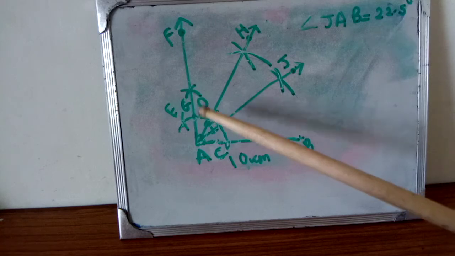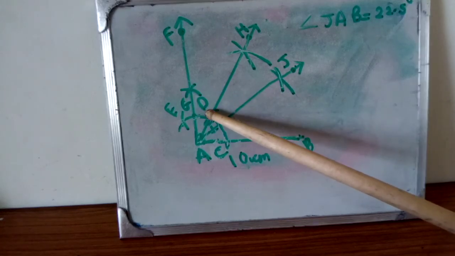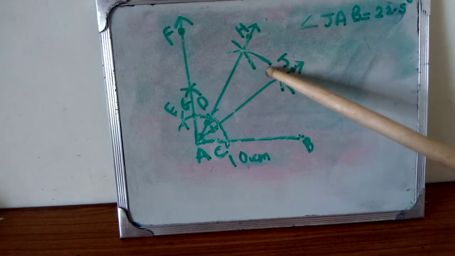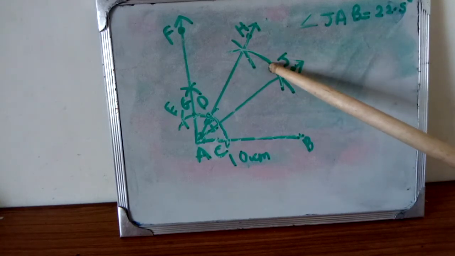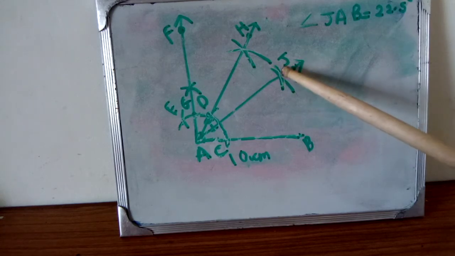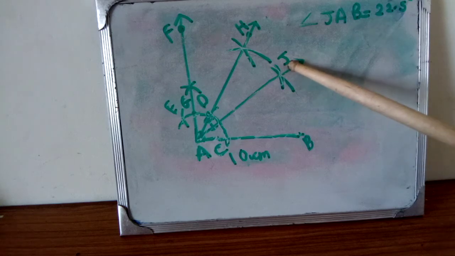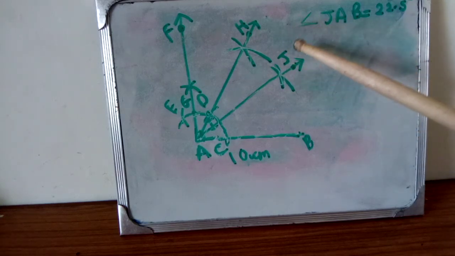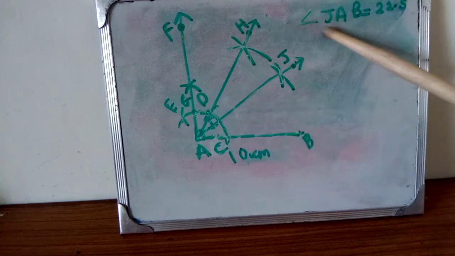And then keeping the compass tip at point I, we made an arc with radius more than half AB. And then we had joined this line segment, which is AJ, and angle JAB is of 22.5 degree.